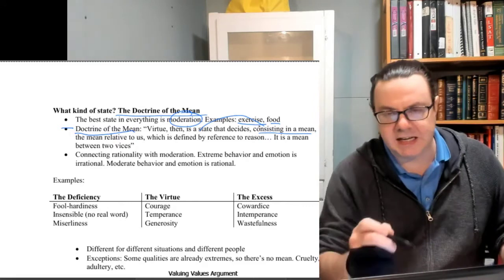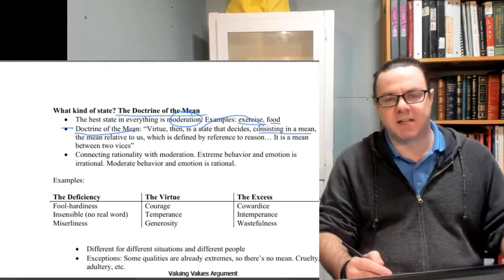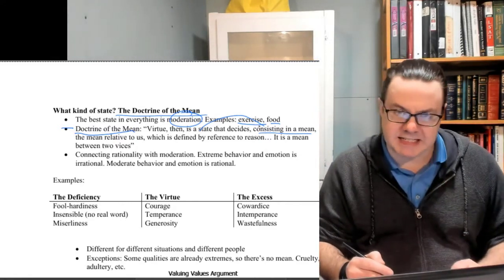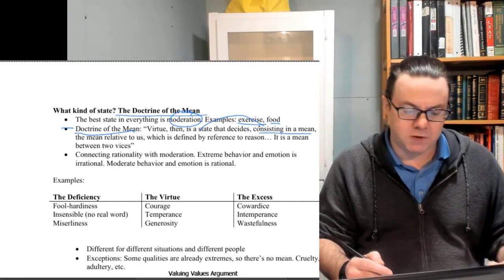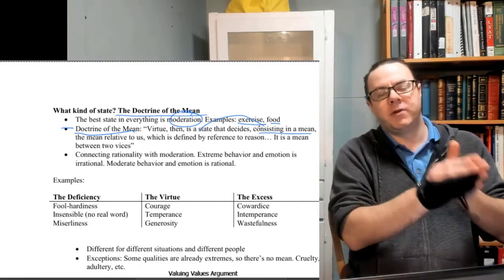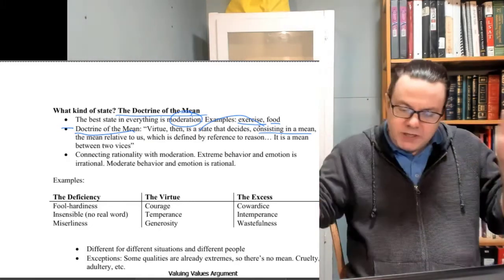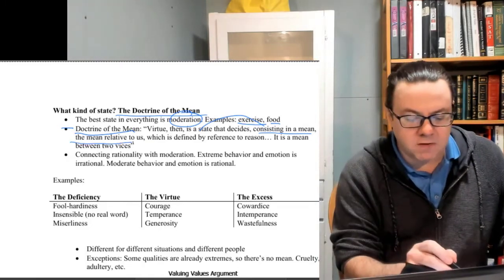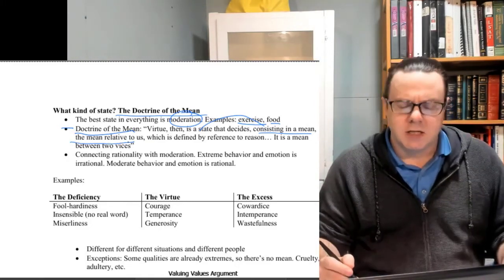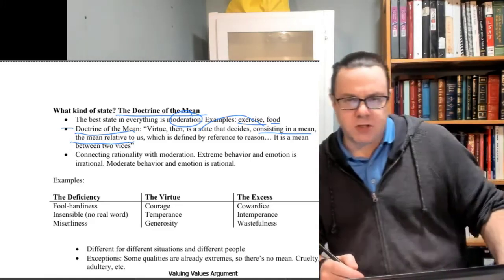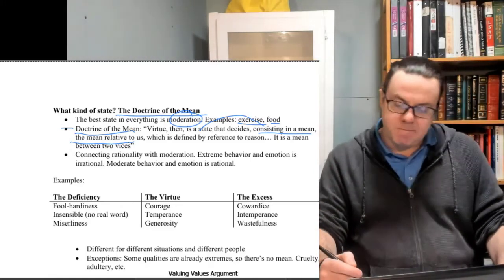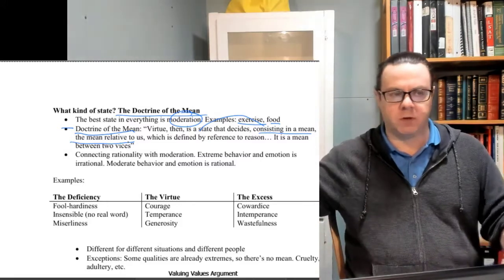Now the word mean can mean average. He specifically says it's not the same thing as taking an average, but it's some kind of appropriate amount that's in between two extremes. And he says the mean is relative to us. So it apparently depends on your circumstances, just like with the athlete, who is going to eat more than the regular person.